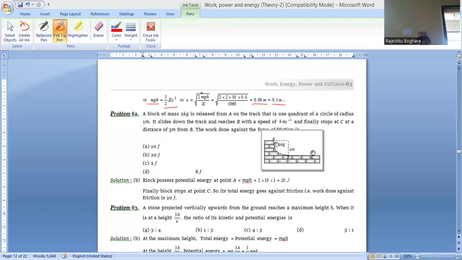A dam is situated at a height of 550 meters above sea level and supplies water to a power house which is at a height of 50 meters above sea level. The power house is 50 meters above sea level, and the height of the dam is 550 meters, so the difference will be 500 meters. 2000 kg of water passes through the turbine per second.